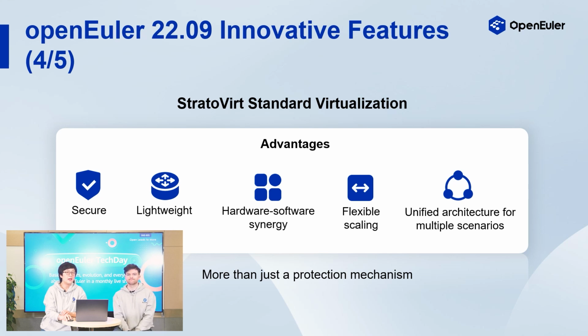Okay, I see. Maybe you can give us more explanation on how StratoVirt protects services on the openEuler platform? I would love to. It is a lightweight feature with minimal overheads using the memory-safe language Rust for encryption and combines multiple modules to minimize the attack surface.